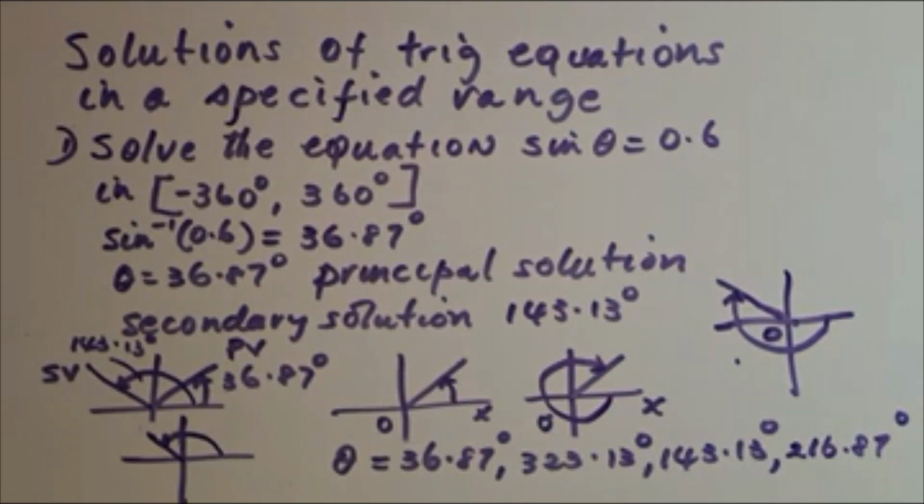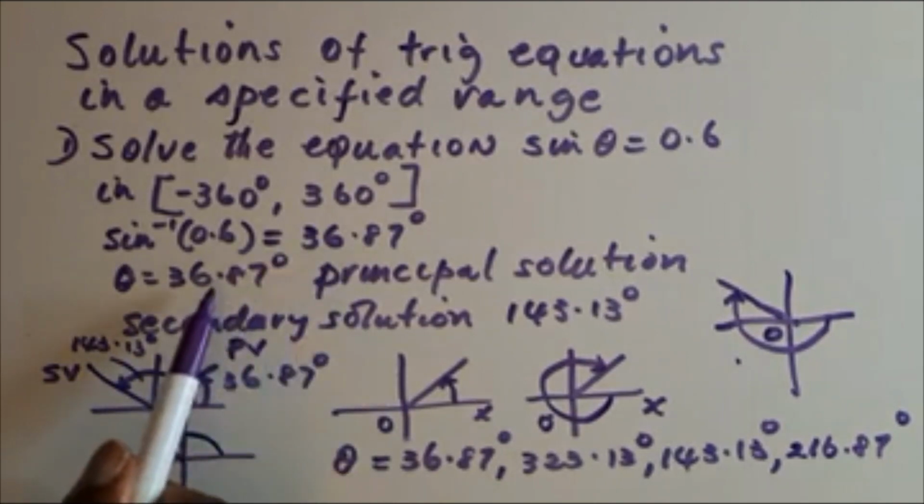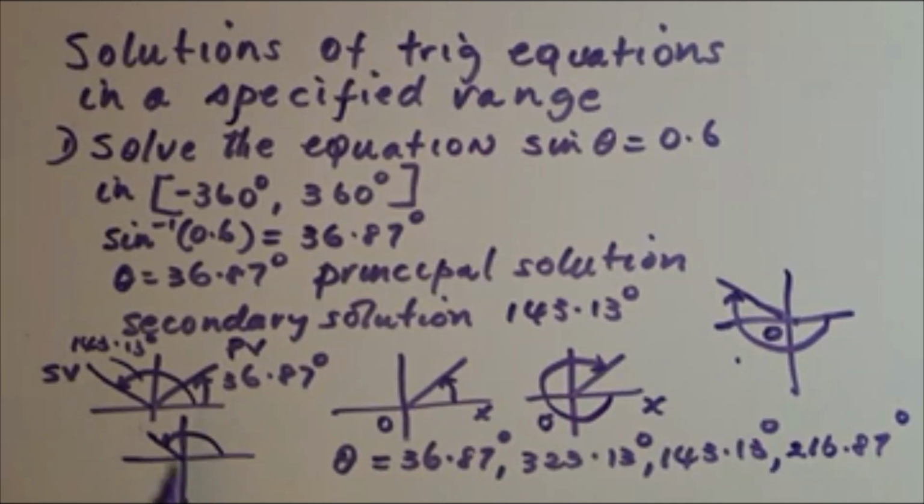And that's it. So we've gone through the steps, find the principal and secondary angles, which we've done here, and the secondary here, 143. Then we've shown that on a quadrant diagram, which we've shown here. So we have the secondary value in the second quadrant, the principal value in the first quadrant, where sine is both positive.